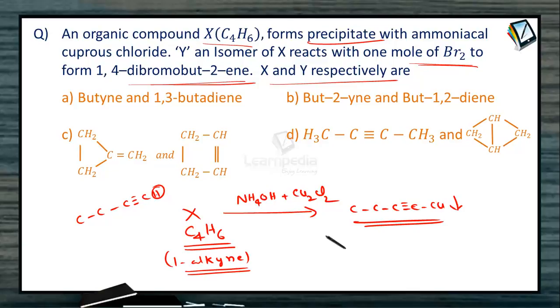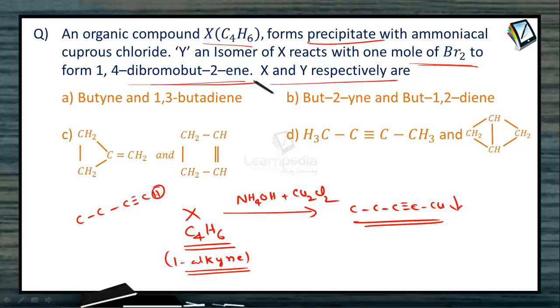But in the next part of the question, what is asked? The isomer of this 1-butyne reacts with 1 mole of bromine to form 1,4-dibromobutane. So this indicates that the isomer of Y, which is butyne, may be 1,3-butadiene.